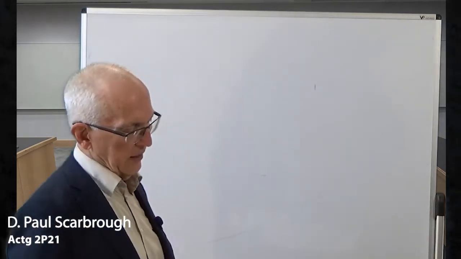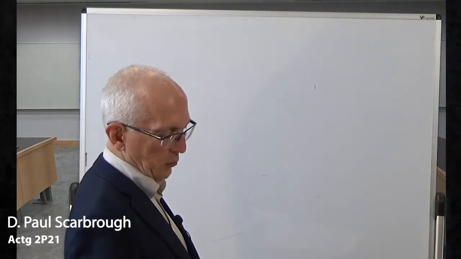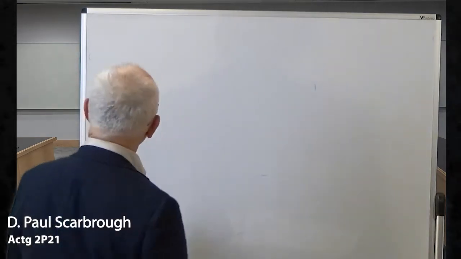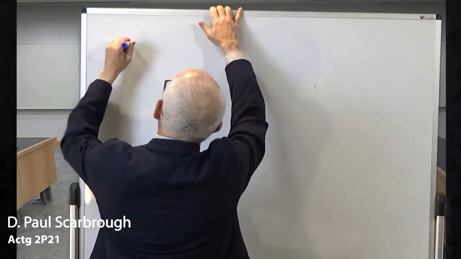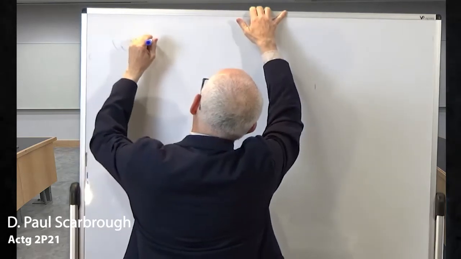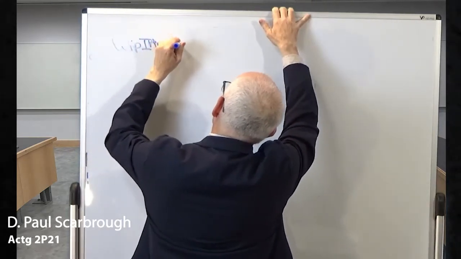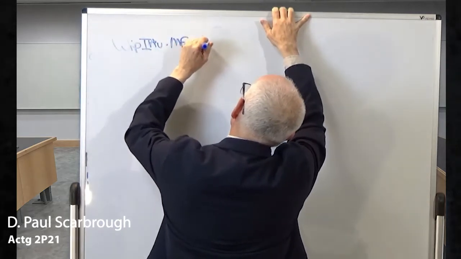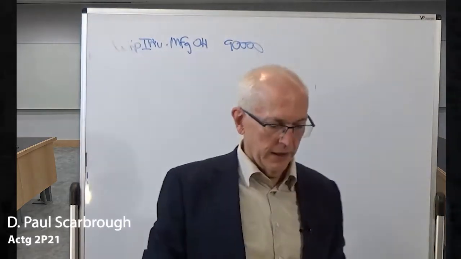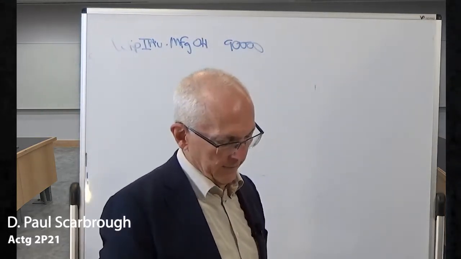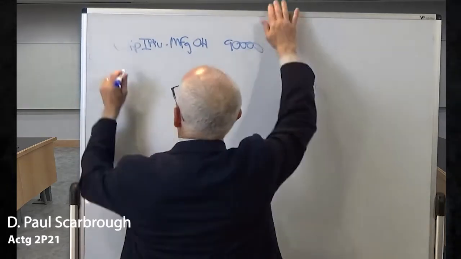This is the transfer: WIP inventory, manufacturing overhead, $90,000. And WIP inventory, manufacturing overhead, depreciation, $200,000.